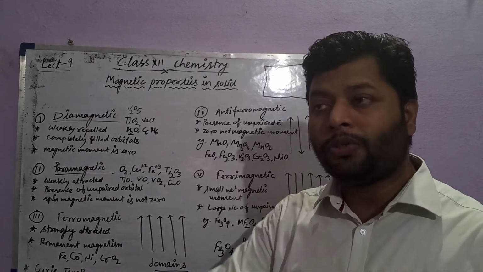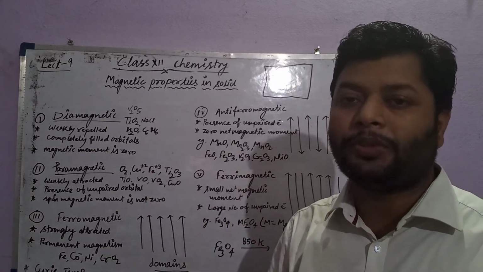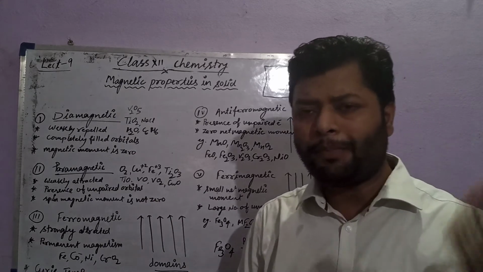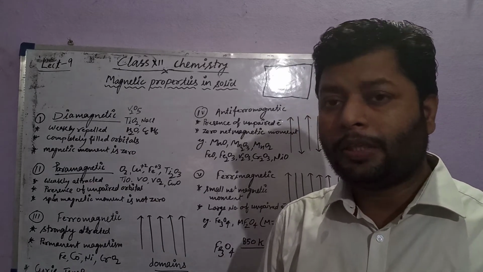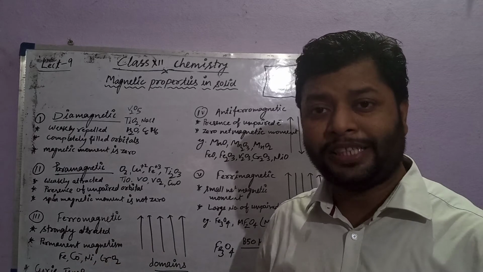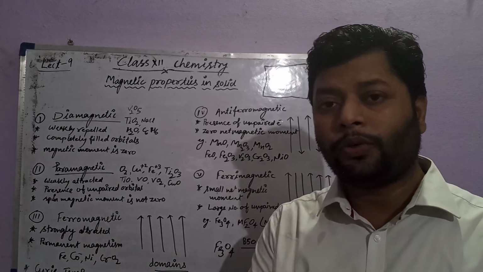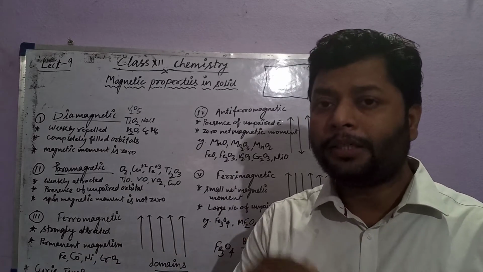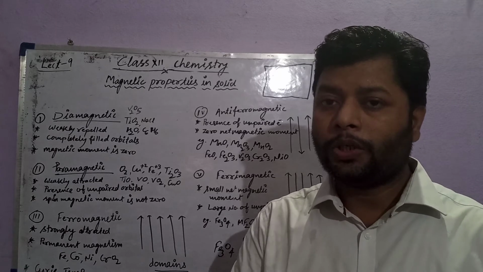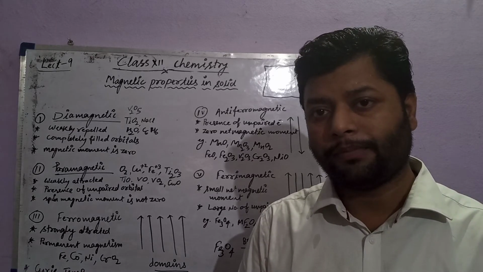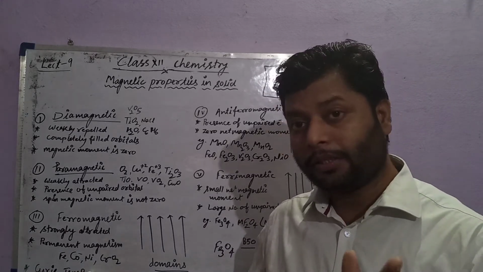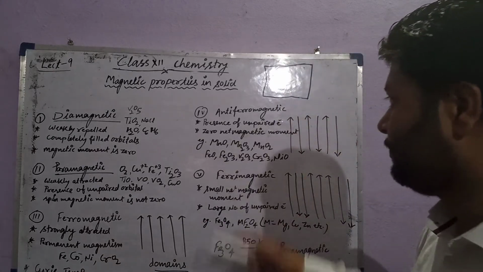Depending upon the substance, at a certain temperature or above it, the substance shows no further ferromagnetic behavior, no observation of ferromagnetism. That temperature is called the Curie temperature.